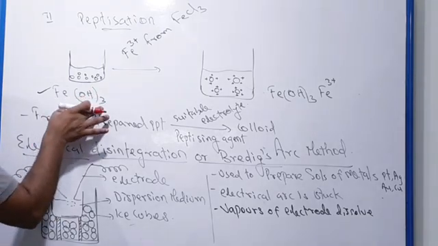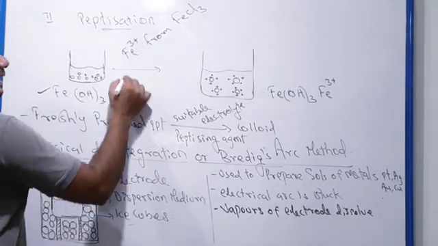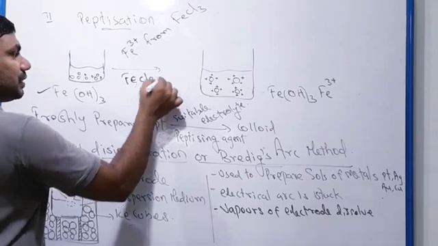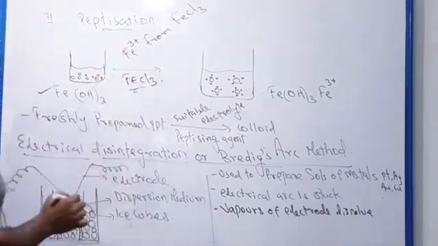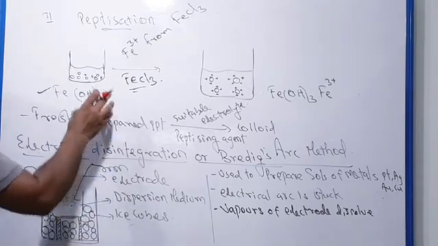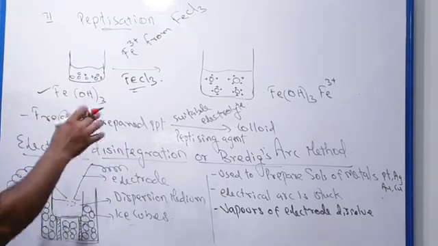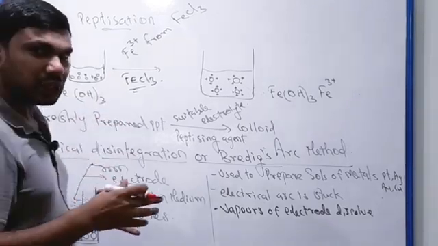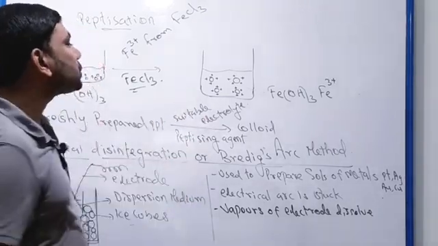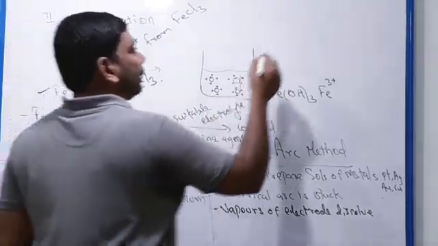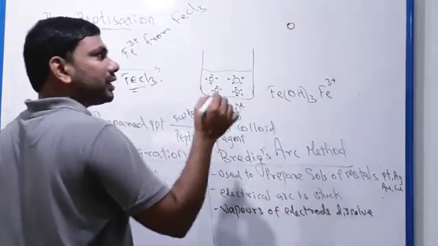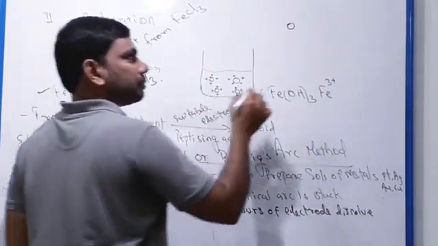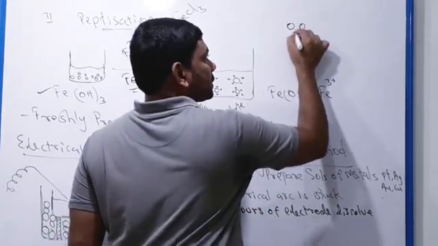This is precipitate. When you add FeCl3, from FeCl3, Fe3+ interacts with the precipitate, and it will change to colloid. Actually, imagine this is one Fe(OH)3 precipitate. This is one precipitate, this is another precipitate.